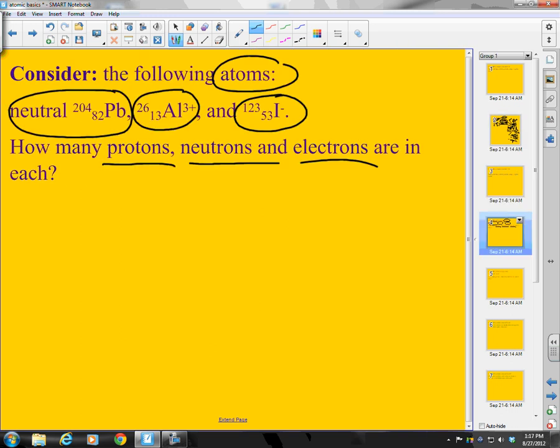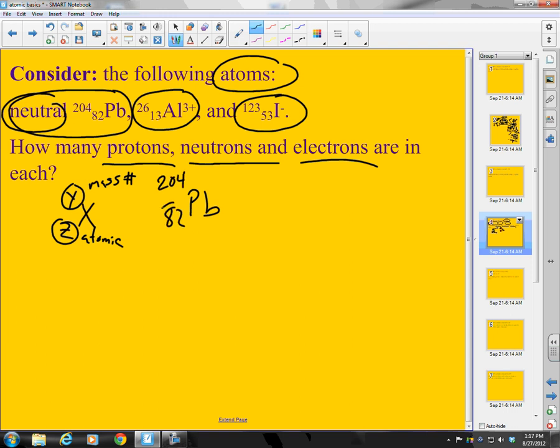So I have a neutral atom of lead-204 (204, 82 Pb). Now what did I say? In X, Y, Z, Y is my mass number, Z is my atomic number, and X is my symbol. So if I have lead, that means my 82 is my atomic number, which is the number of protons. So I have 82 protons. 204 is my mass number, and the mass number is equal to the number of protons plus the number of neutrons.